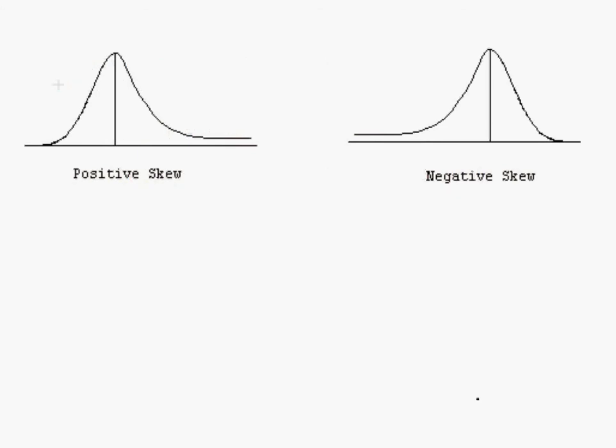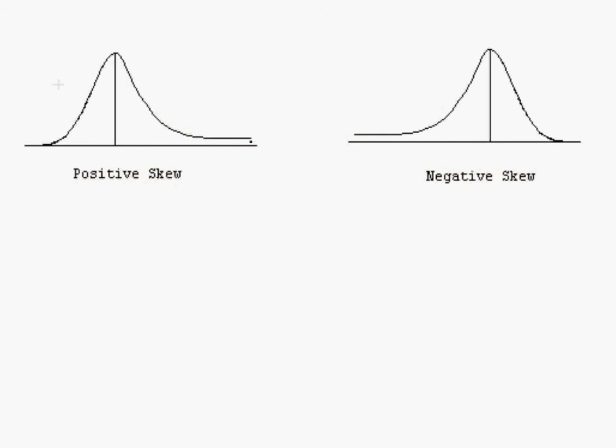A relatively high variance means that quite a lot of the data is spread out. Positive skew means that most of the values are lower values, with a few high values that bring up the mean, and so we call that positive skew.